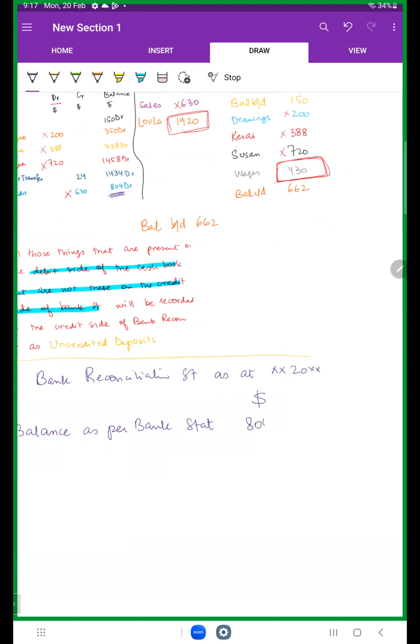If the bank balance is in debit, can you see it says 804 debit, 804 DR? That means the value should be written in brackets. Why? It's not an overdraft, but you don't use the word overdraft over here.